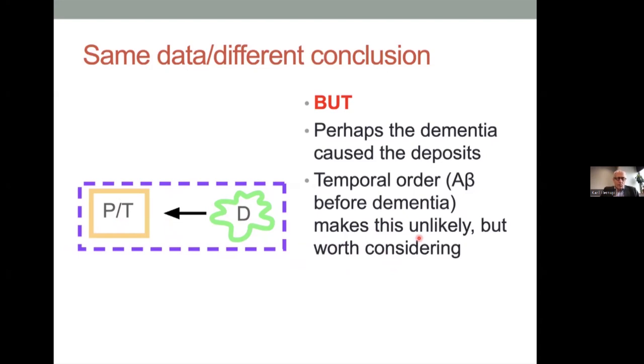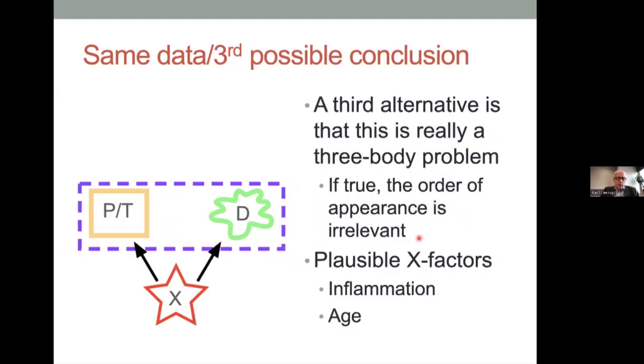And in particular, what we don't know is that the correlation between plaques and tangles actually reflects the fact that both of them are susceptible to an outside factor, which I called X. The correlation is real, but it's not caused by any causality between these two.